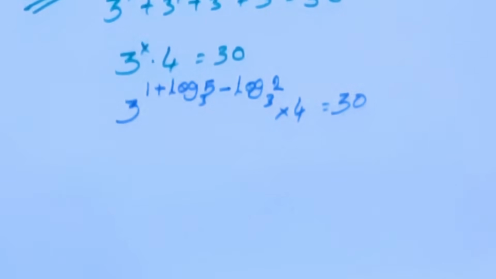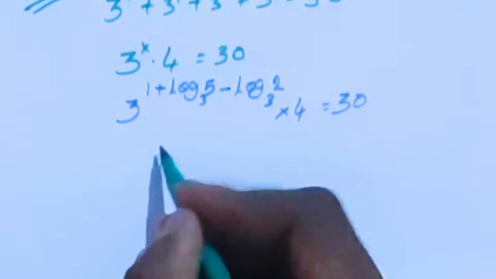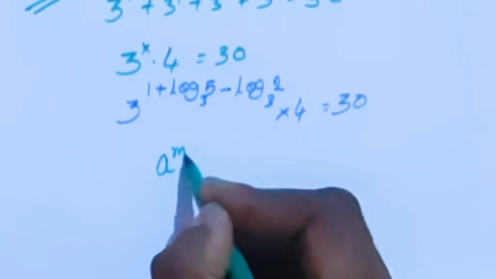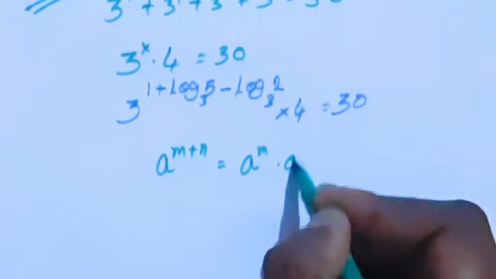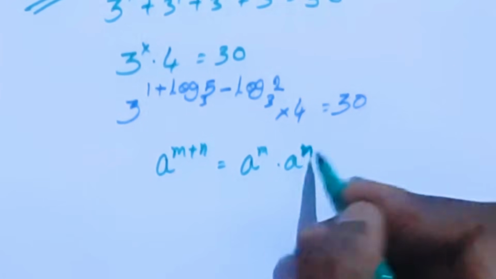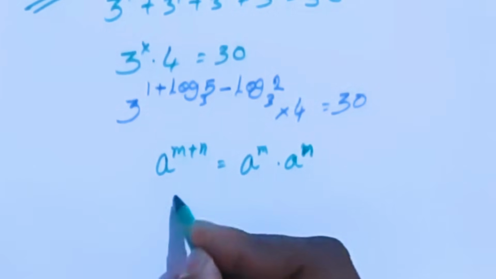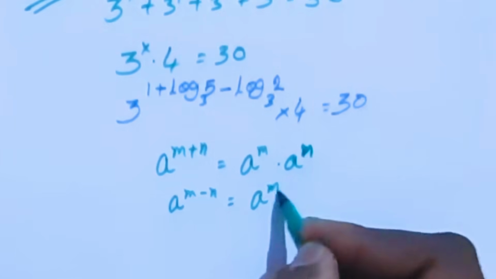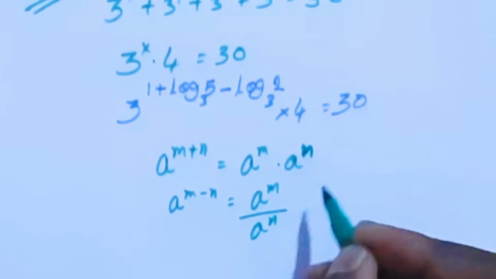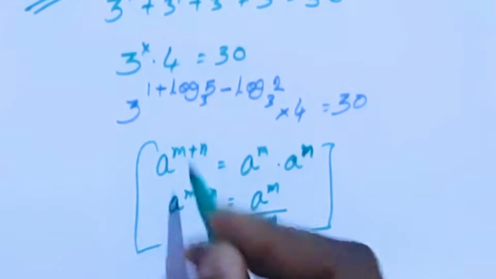Now we are going to apply this exponent identity that a power m plus n equal to a power m times a power n. Same way, a power m minus n equal to a power m by a power n. This formula we are going to apply here.